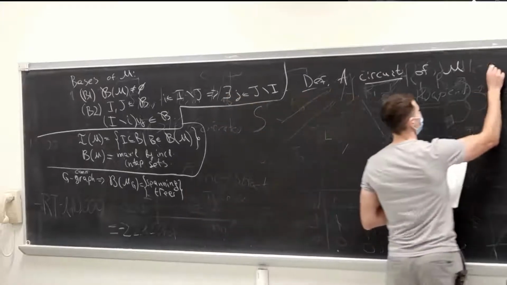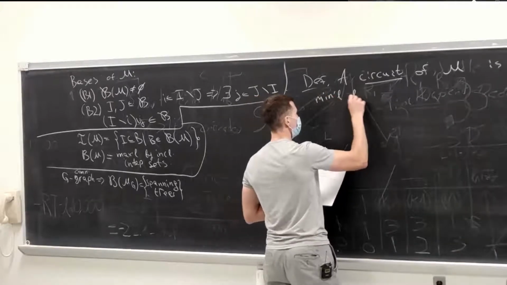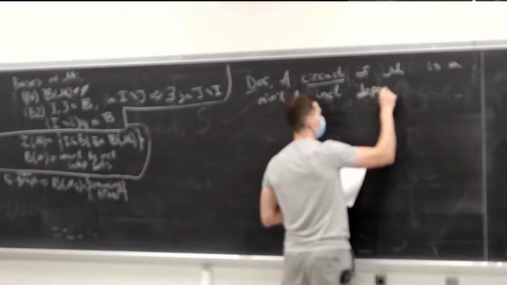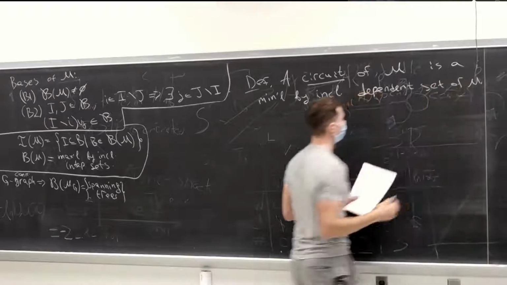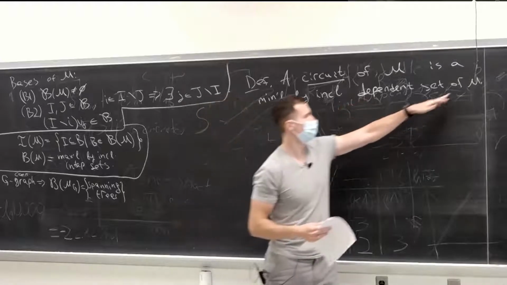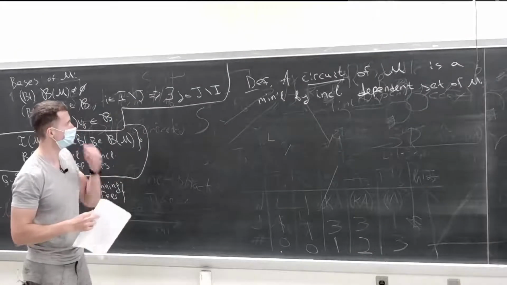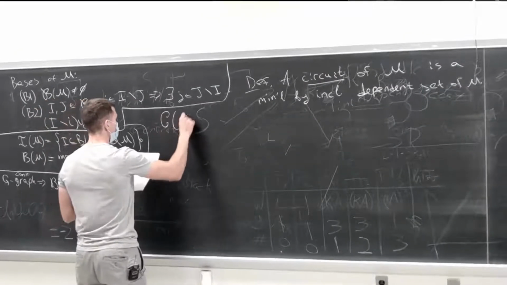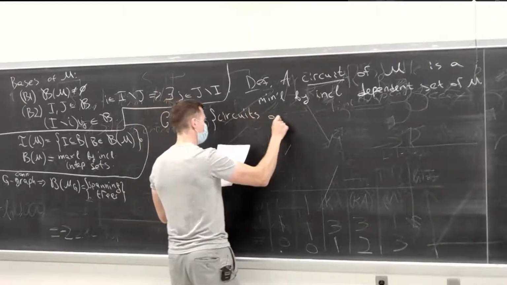A circuit of M is a minimal by inclusion dependent set of M. And what do I mean by dependent? I mean not independent. M is given by a collection of independent sets. All the other ones are called dependent. Okay, and I'm going to denote by C of M the set of circuits of M.